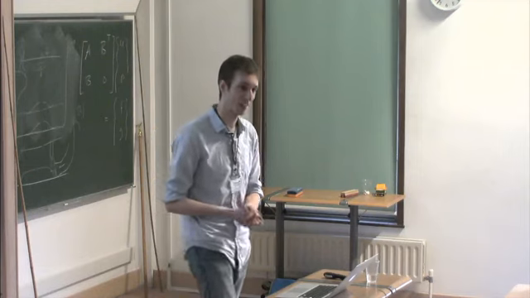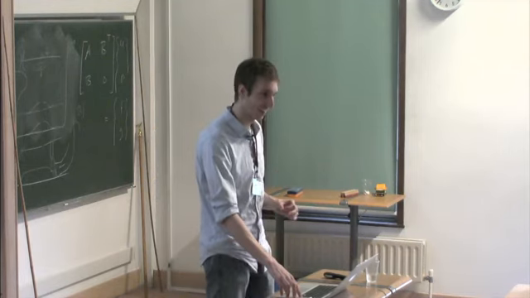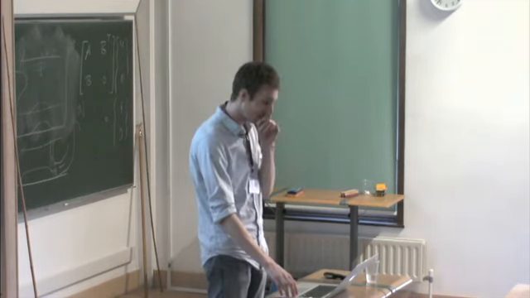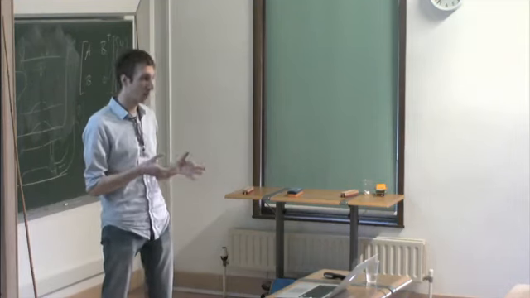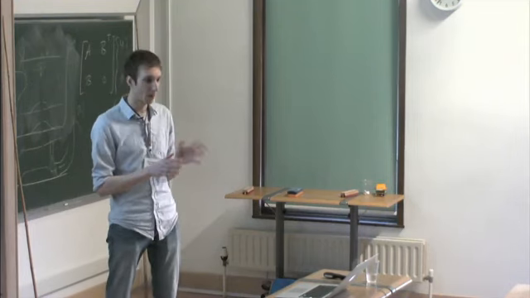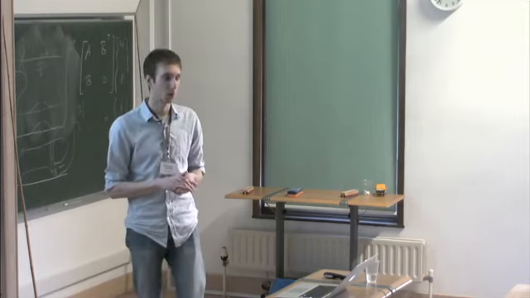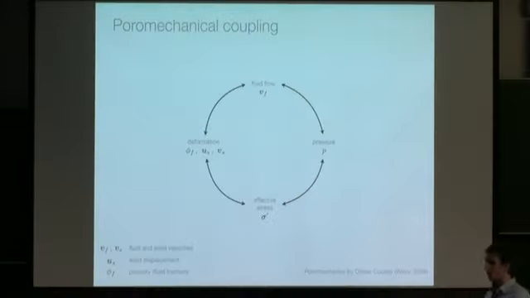So this is my cartoon illustration of poromechanics, and this is also by way of introducing you to the notation that I'm going to use. What we're interested in doing is coupling together a bunch of things: fluid flow, fluid pressure, effective stress, which I'm going to talk about in a bit, and that's one of the main differences with the way that you like to think about things, and deformation.